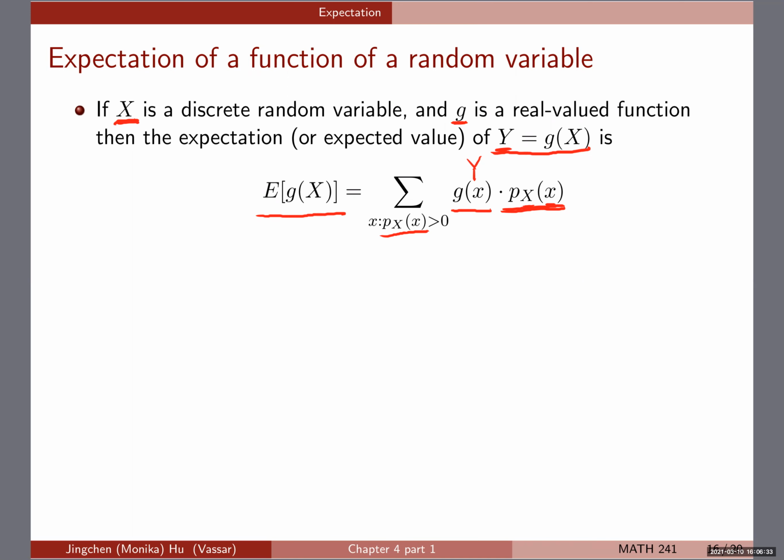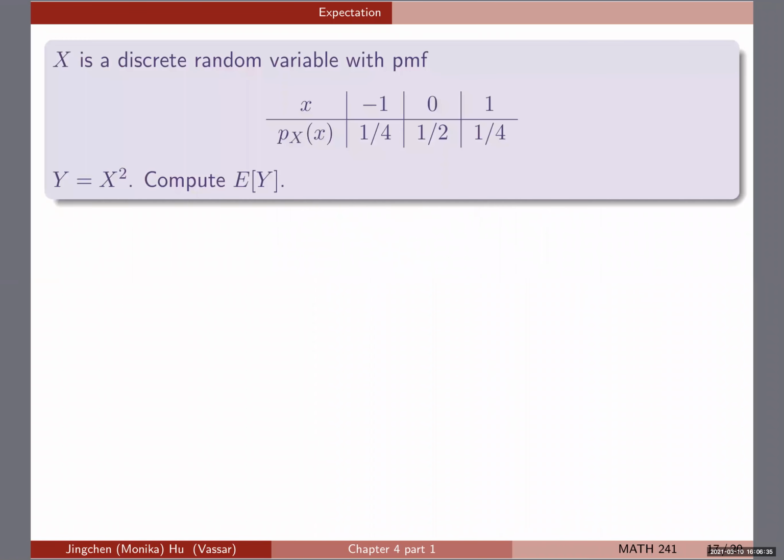Let me show you what I mean by super handy. Let's just say X is a discrete random variable with the following PMF. It can take 3 different possible values: -1, 0, and +1. The associated probability, which is the PMF, is 1/4 for -1, 1/2 for 0, and 1/4 for +1. Now I'm defining a new variable, which is a function of X, which is Y equals X squared.